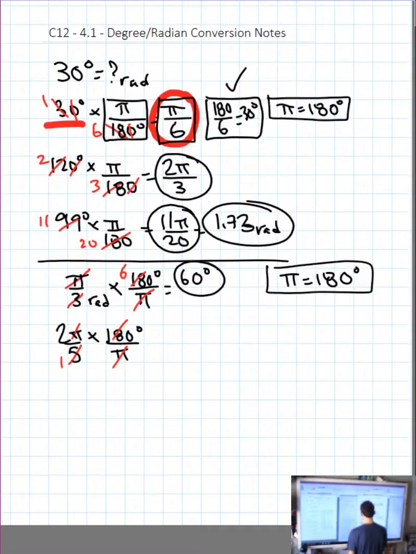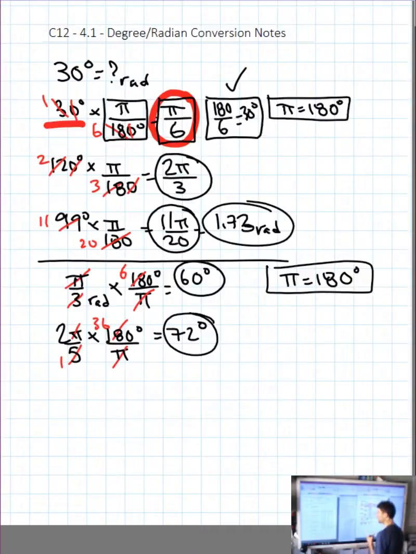And we get 1, and 180 divided by 5. 180 divided by 5 will be 40 minus 4 fives, so 36. And if I multiply 2 by 36, I get 72 degrees. Again, feel free to times 2 by 180 and divide it by 5.